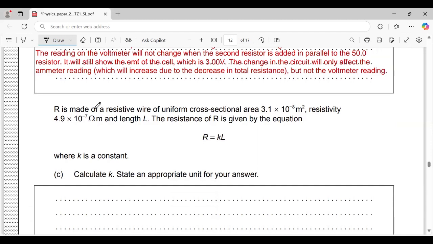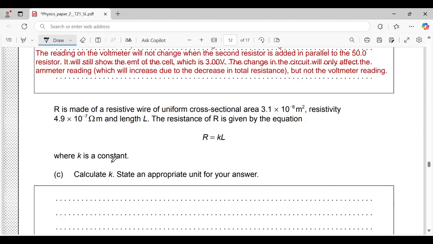R is made of a resistive wire of uniform cross-sectional area 3.1 times 10 power minus 8 meter squared, resistivity 4.9 times 10 power minus 7 ohm meter, and length L. The resistance of R is given by the equation R equals KL, where K is a constant.